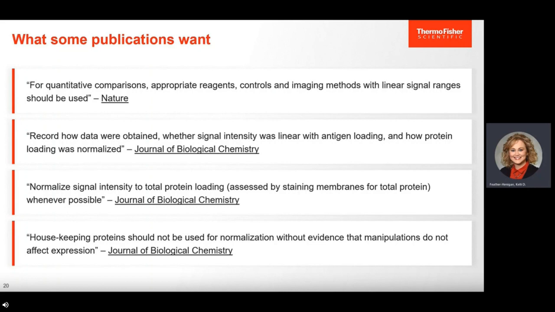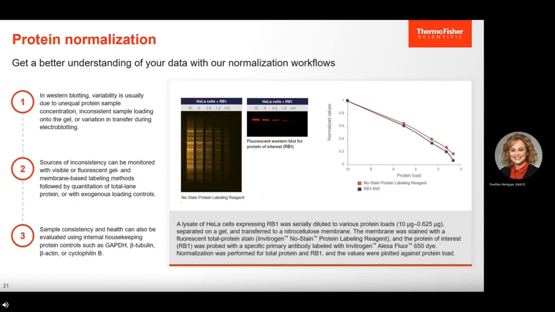They also prefer signal intensity to be normalized to total protein loading by total protein staining rather than using housekeeping proteins. But if housekeeping proteins are used, they require evidence that manipulations do not affect expression. Manuscripts with quantitative Western results will likely come under greater review scrutiny.